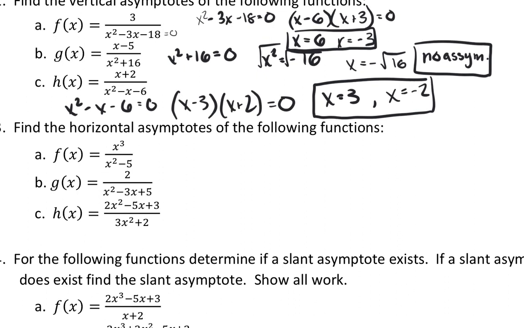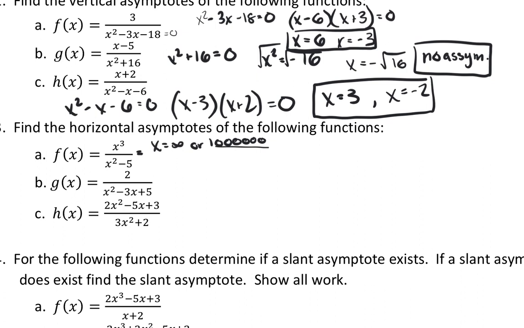So find the horizontal asymptotes of the following functions. The horizontal asymptotes are showing the endpoints of the function. So if we plugged in a very, very big value for x, where x is basically infinity or a big number, this x cubed is going to be so much bigger than the x squared because it's going to have the extra set of zeros.